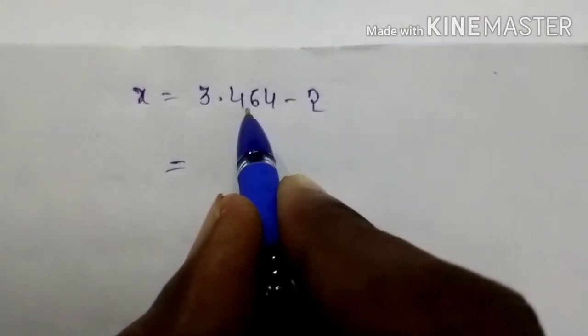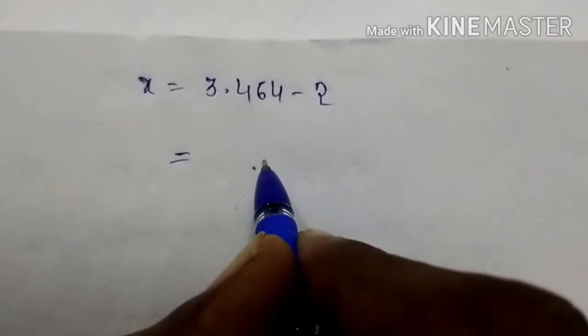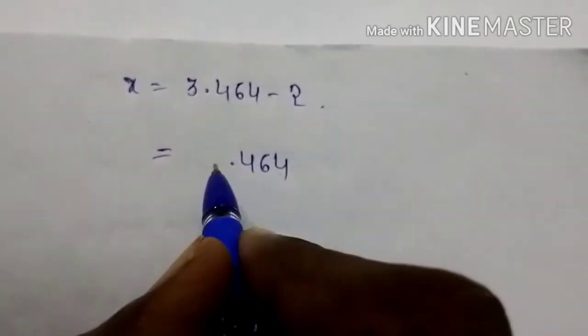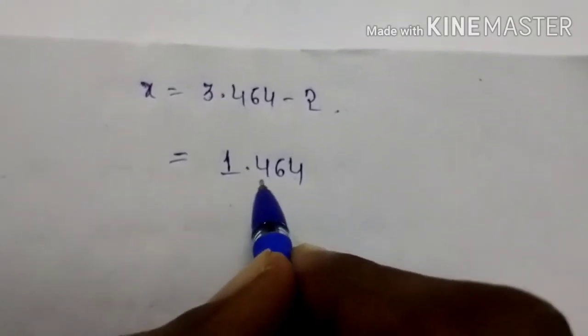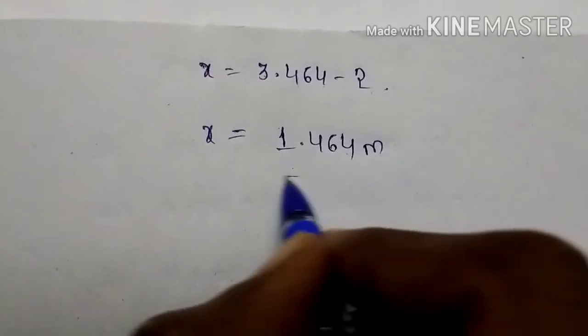The decimal part remains the same: 0.464. 3 minus 2 is 1 only. So 1.464. X is equal to 1.464 meters.